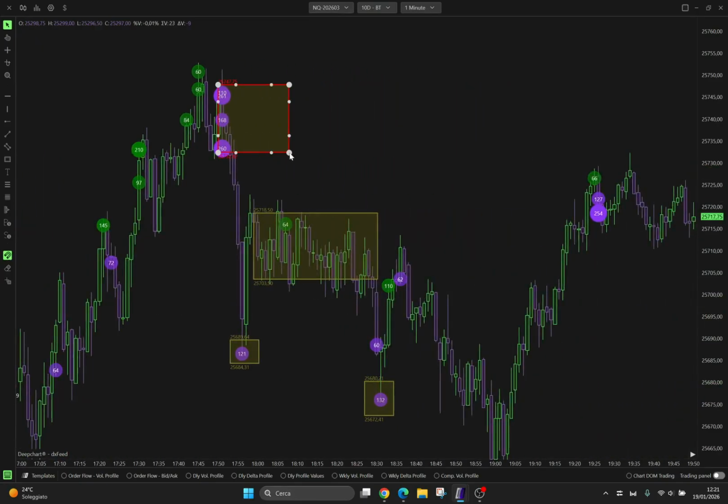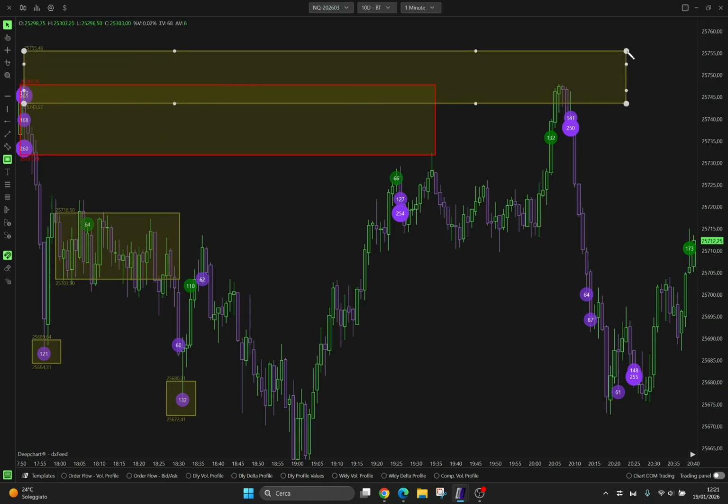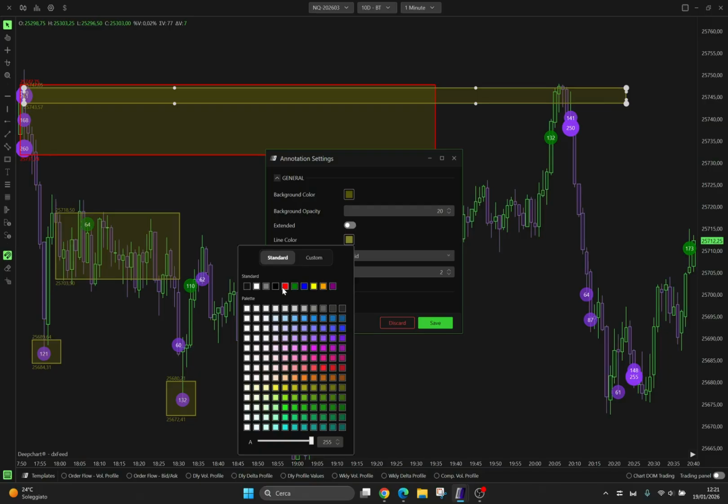This was the level of ignition of the sellers. Look what happened. They go back to this level and you see sellers re-engaging aggressively. Okay, 127, 254, they try to break, they absorb again, bam, bam, bam, bam. Then buyers try to take the upper end and sellers say, wait, look at this maximum level of executed sell contract.